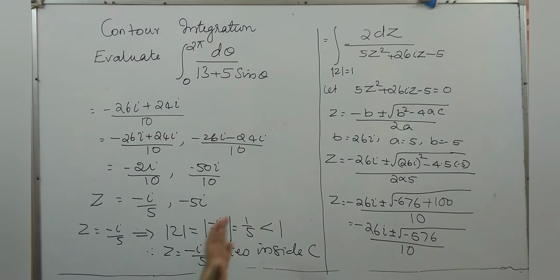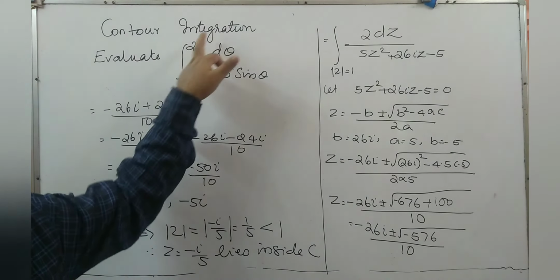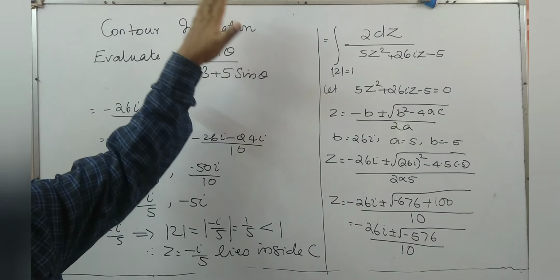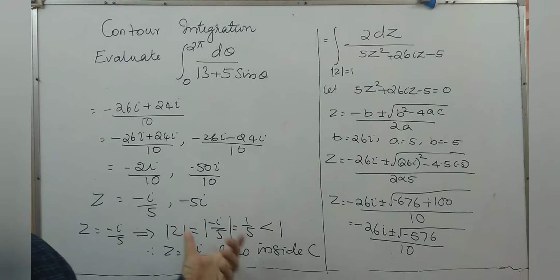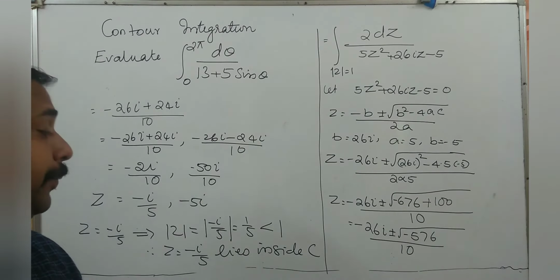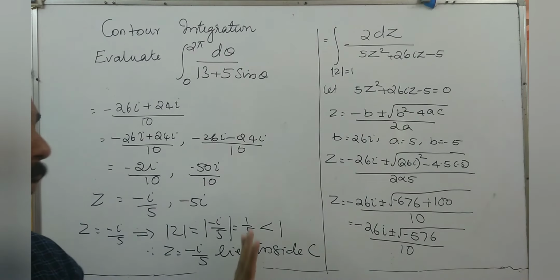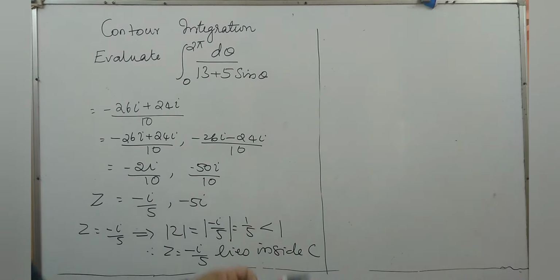So less than 1. For all the problems under 0 to 2 pi, you just check whether the calculated value is less than or equal to 1, then it lies inside, otherwise it lies outside. Minus 5i.